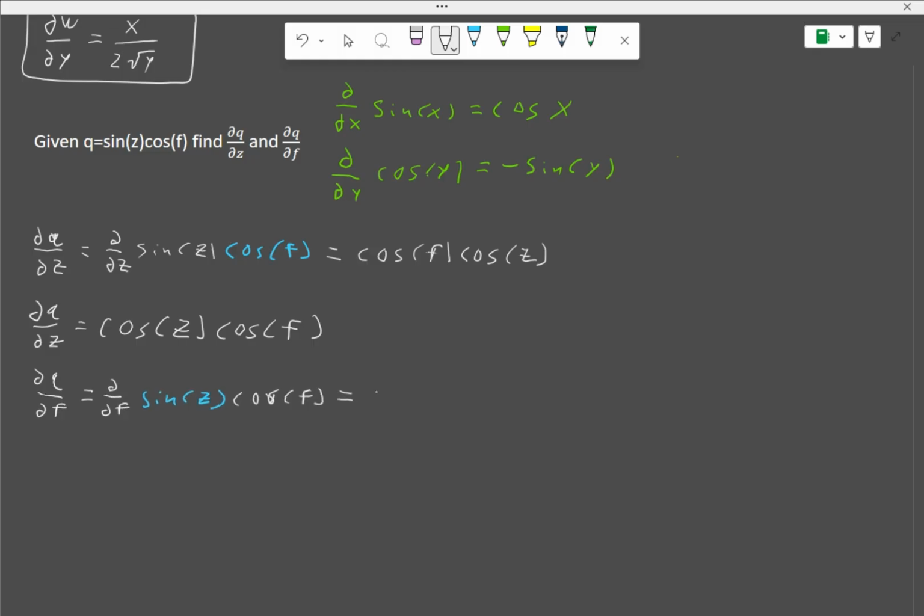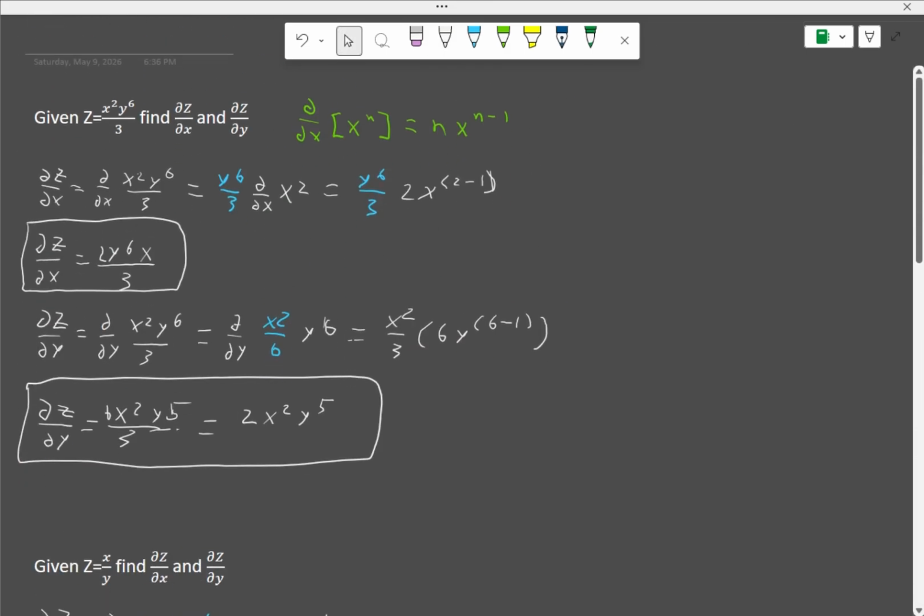And so using this rule established earlier, we will write the sine first, we'll get sine of z times negative sine of f. So the derivative of the function q with respect to f is just equal to negative sine z times the sine of f. And yeah, that's how you do these partial derivatives.